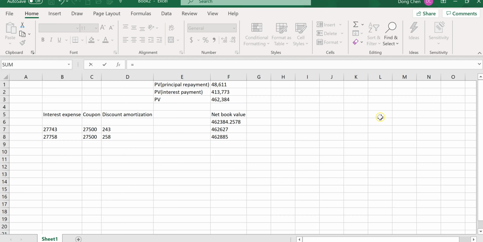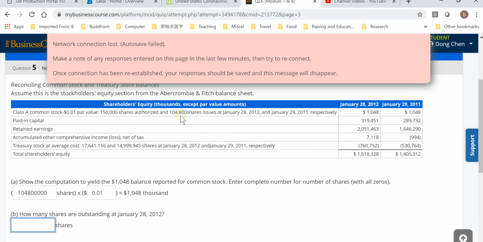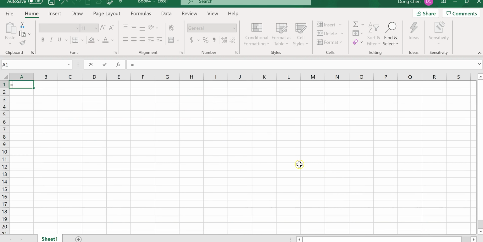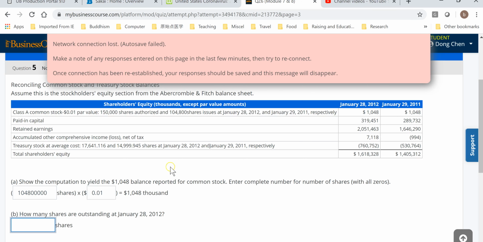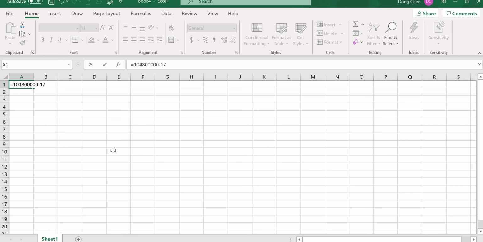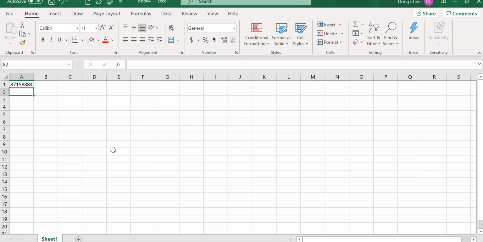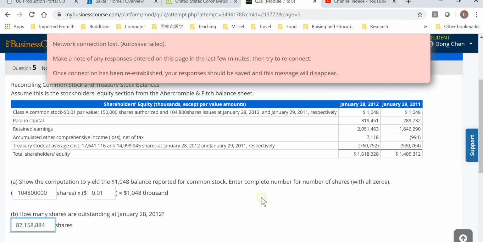This is 104,800, and then we need to add 3 zeros because that's in thousand, and then subtract the number of shares which were repurchased. So 17641, and then 116. Right, so that's the total number of shares outstanding. Just copy that number back.